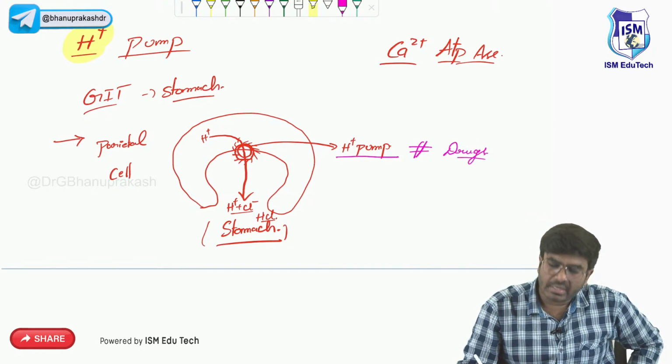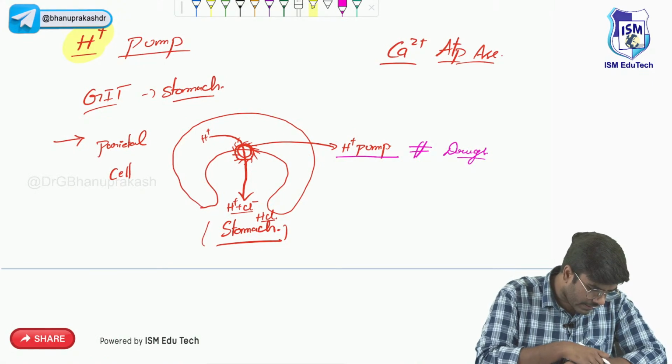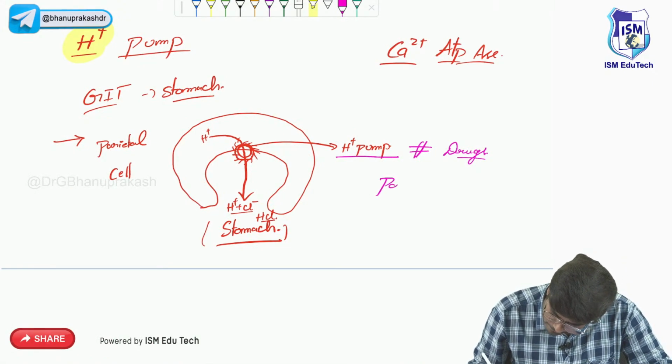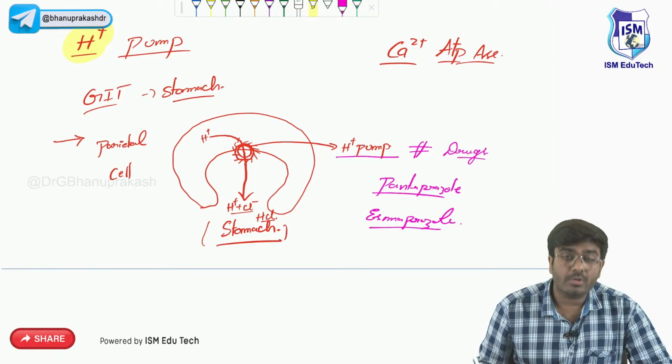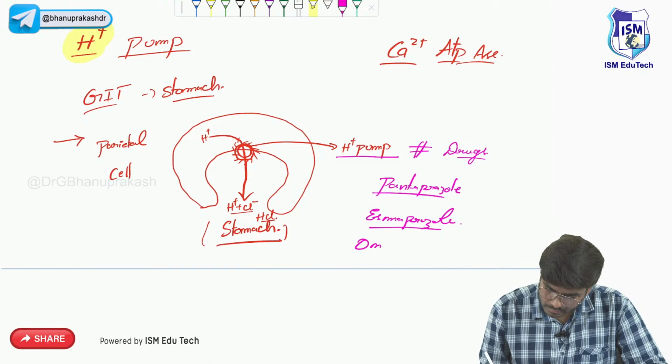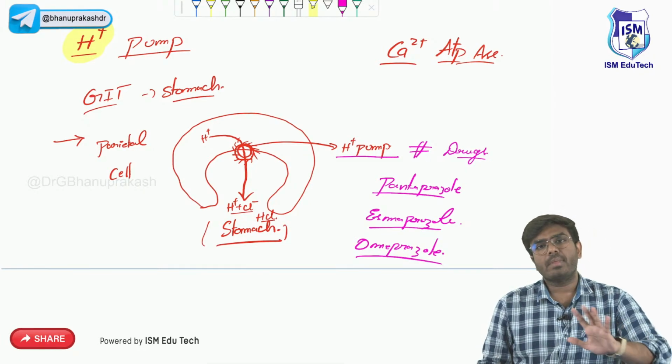Just name the drugs which will inhibit the proton pumps. Come on, guys. Bruce, Swati, excellent. Pantoprazole, esomeprazole, omeprazole. So these are the drugs which will inhibit the proton pumps.